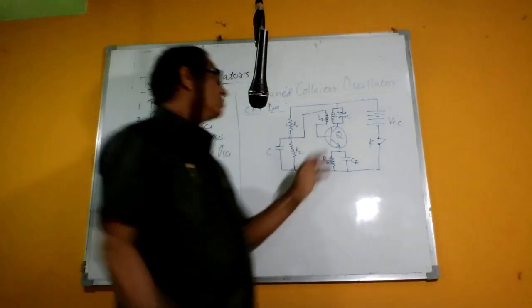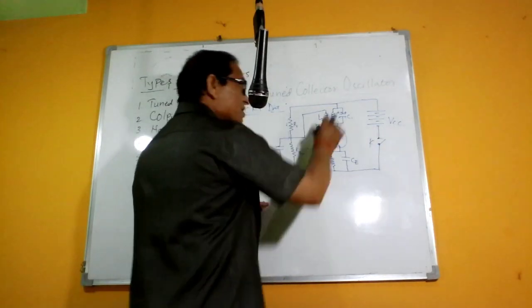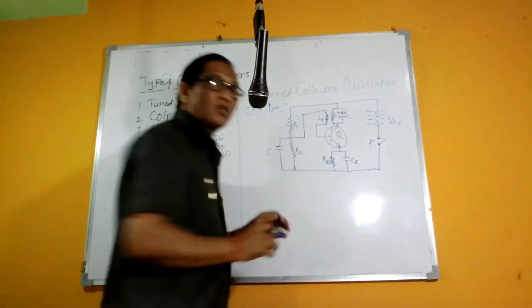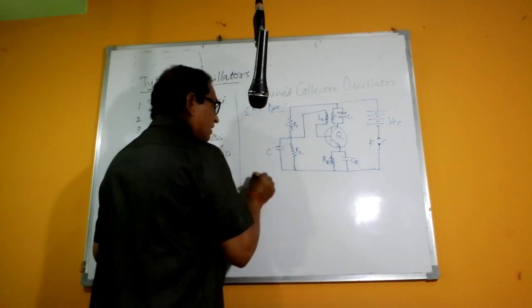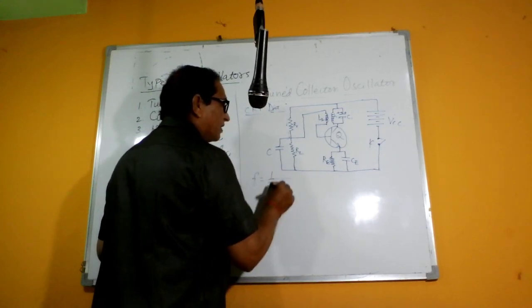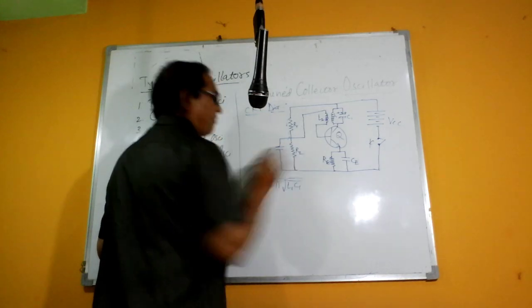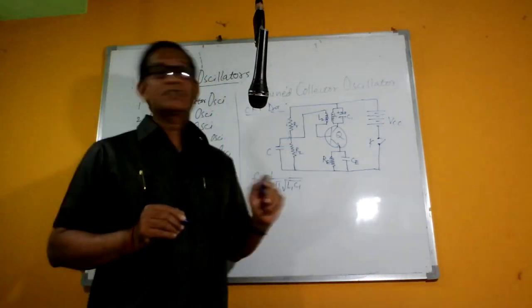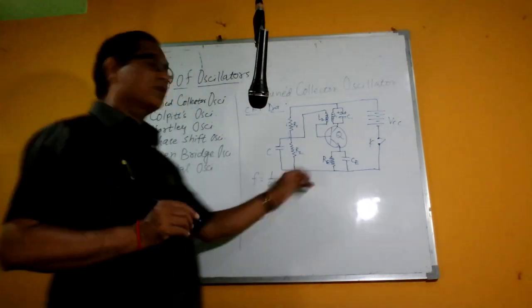Okay, so let us have one example to see the frequency of these oscillations which are to be developed across the tank circuit. It is given by the formula 1 upon 2 pi under root of L1 and C1. The frequency of oscillation is equal to 1 upon 2 pi under root of L1 and C1 hertz.